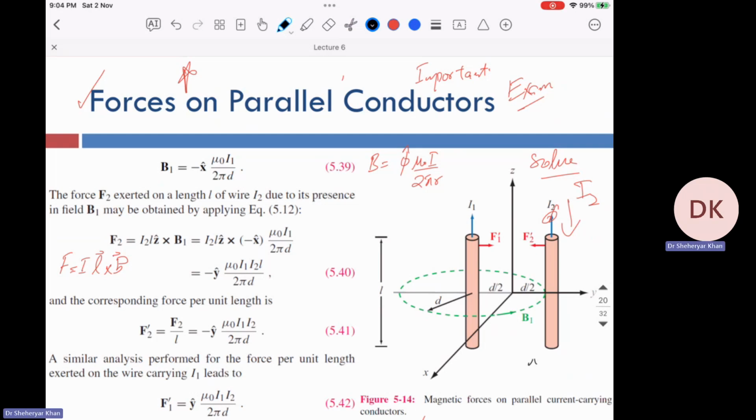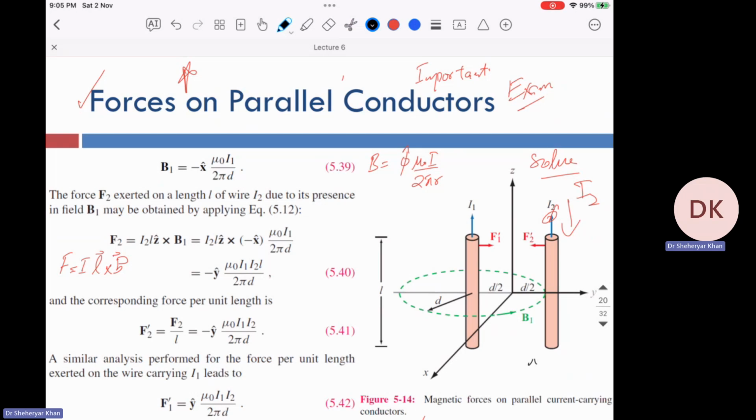So this force is I2. What is the length? Length is along the z-axis, cross B. B is this one, so this green is the B. Okay. So put this B here. Now, z cross x is equal to y, and minus comes here. That means the force is along the y-axis.